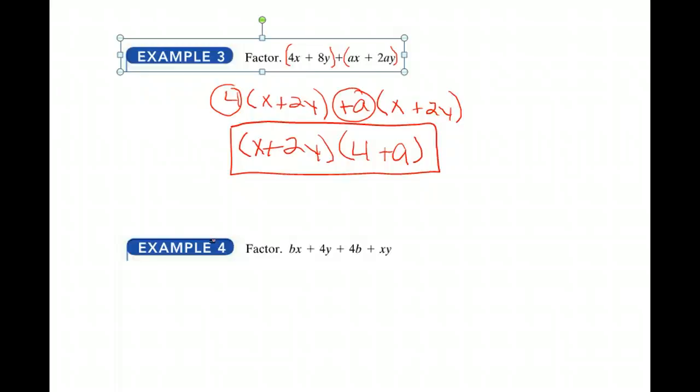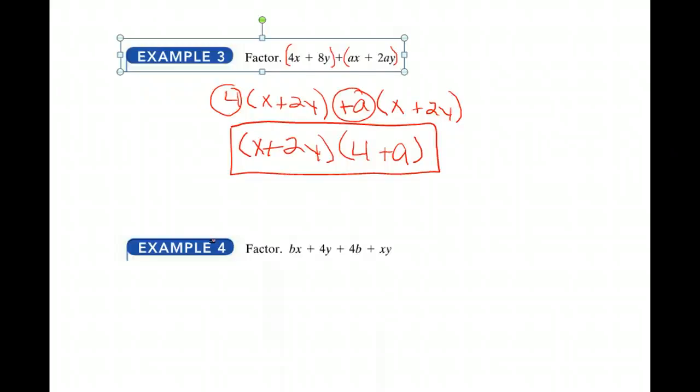There's not. But man, as we look at those letters and numbers, it sure does look like we could make something work, because we have a couple of x's, a couple of y's, a couple of b's, and a couple of 4's. There has to be something that we can do with this, right?